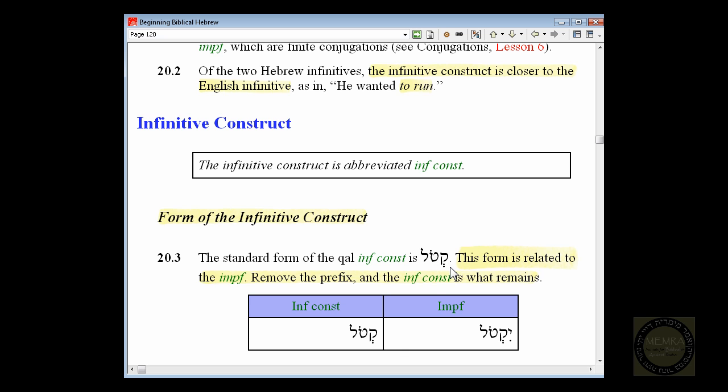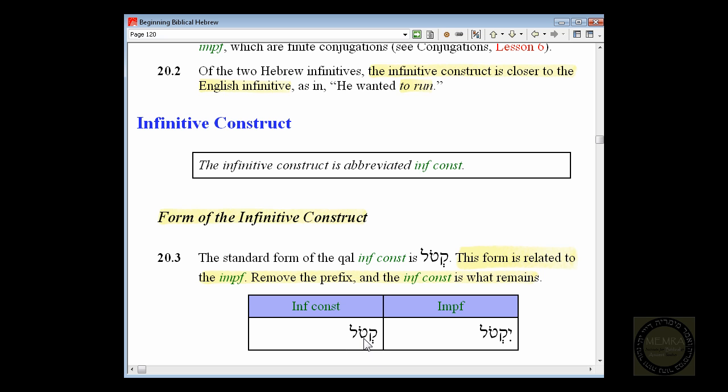You have a shva under the first consonant, and then a cholem, an O vowel, as your last vowel sound. And we get that if you look at the imperfect right here, we'd have yiqtol. If we take the prefix off, what we're left with right over here is qetol.